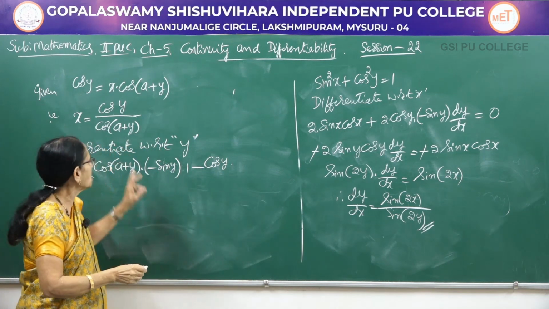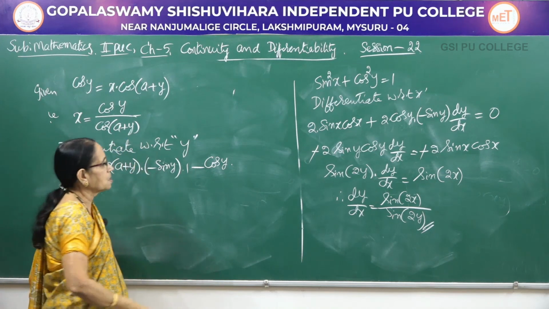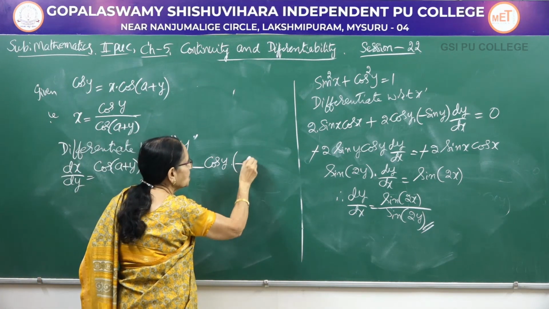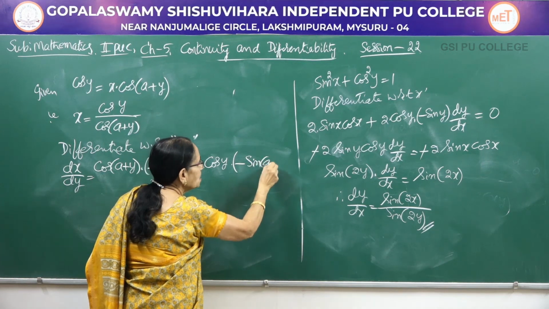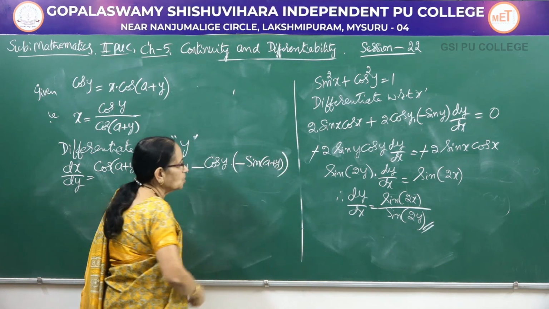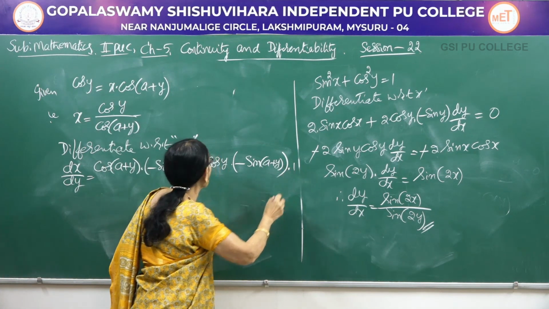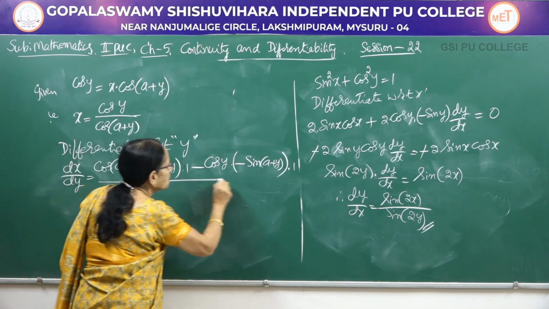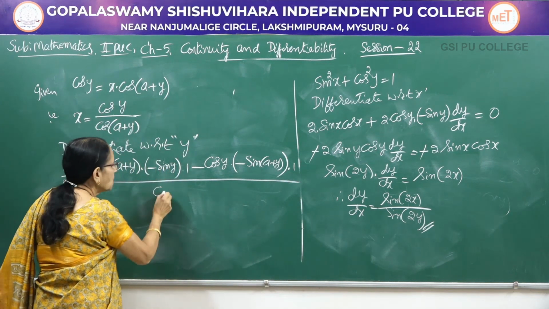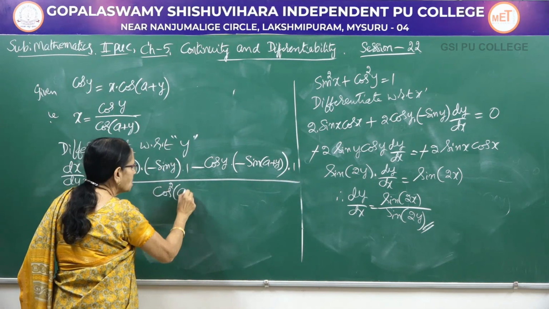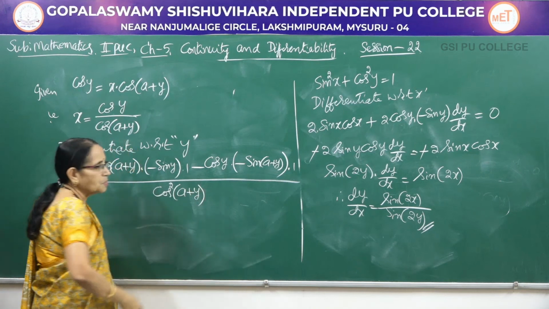Cos y into the derivative of the denominator. So here again cos we are having minus sin of a plus y, into, for a being a constant, 0, for y it is 1. Then the whole thing divided by the square of the denominator, cos square of a plus y.